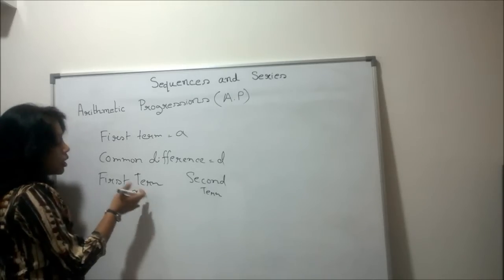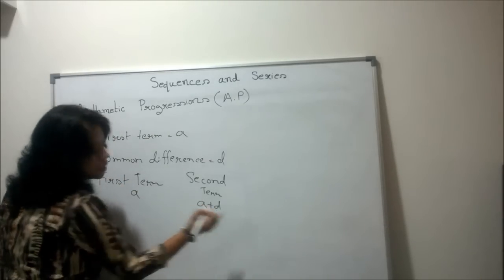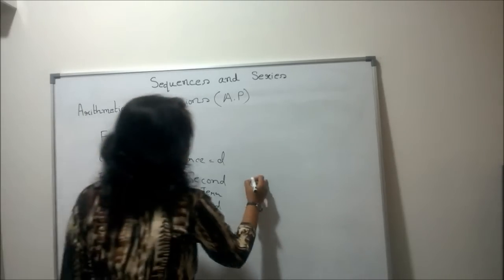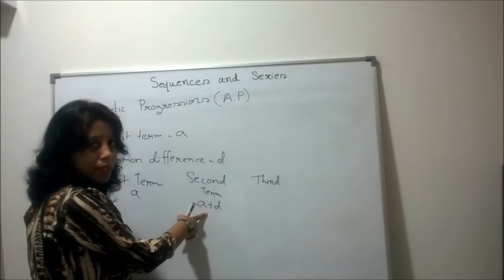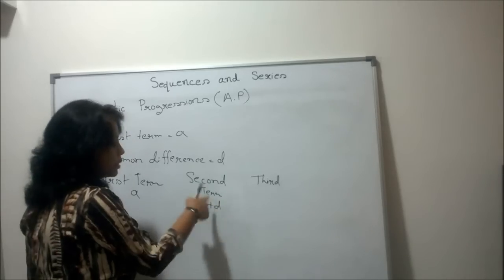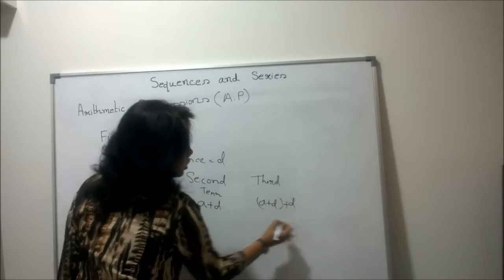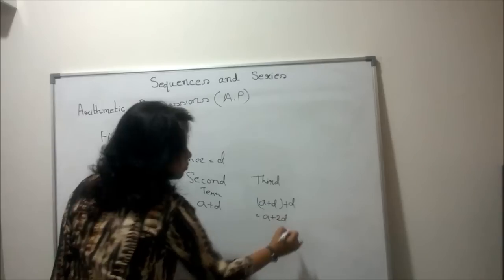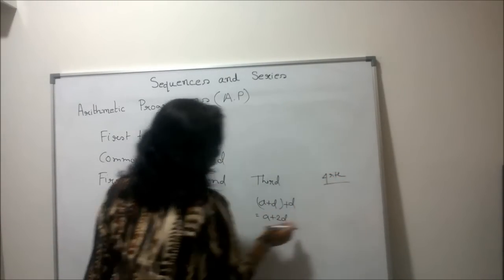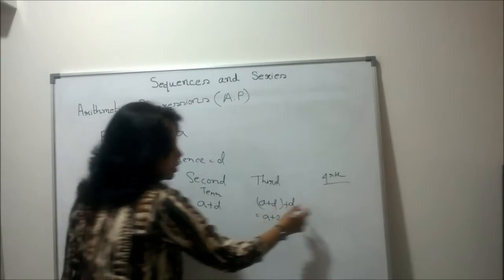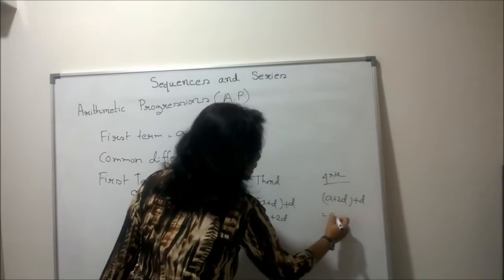The second term will be the first term plus D, that is A plus D. What about the third term? Again we add D to this, that means A plus D plus D, that is A plus 2D. What about the fourth? Again we add D, so that is A plus 2D plus D, that means A plus 3D.